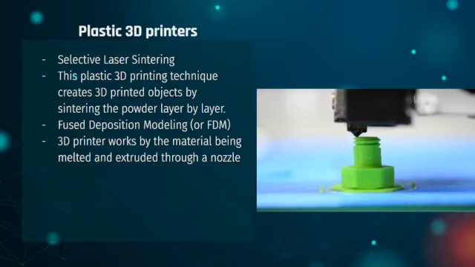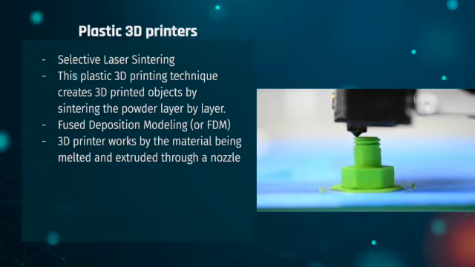This method isn't seen commonly because it's more expensive, and so the more common one that most people have, and this is the type of 3D printer I have, is called fused deposition modeling, or FDM. This additive manufacturing technique is used by hobbyists and in education.